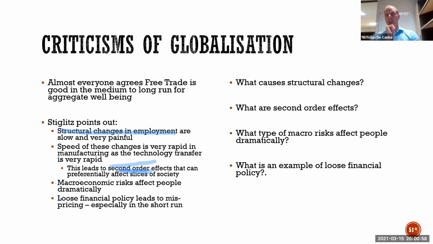And then loose financial policy leads to mispricing. This is the sort of thing in globalization where you go, well, things are going very well. So we have low interest rates, and a lot of foreign direct investment or portfolio capital coming in. And what you've got is crazy pricing. That happened in the Asian financial crisis, where you had extreme property valuations, which are very difficult for people to manage when you're just living in the economy.